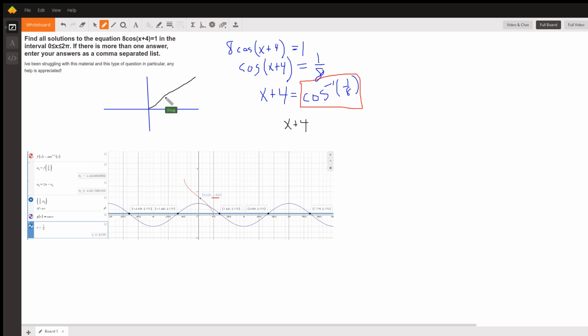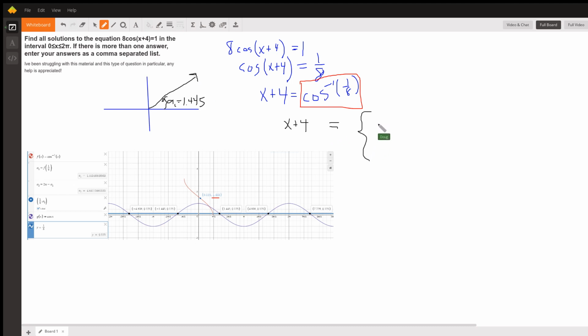So this angle right here, a sub 1 equals 1.445, has a cosine that's equal to 1/8. So that's one of them. But also, if I add 2 pi to this, or subtract 2 pi, I'll get an angle with a terminal side that also has a cosine of 1/8. So I can do something like this.